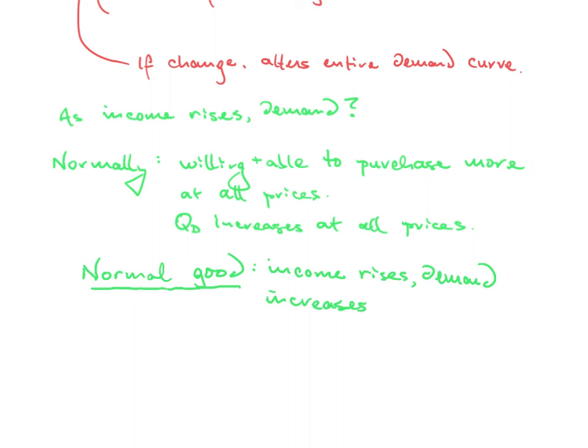But there are also inferior goods, where as income rises, demand decreases. An inferior good is one that you buy less of as you get wealthier.